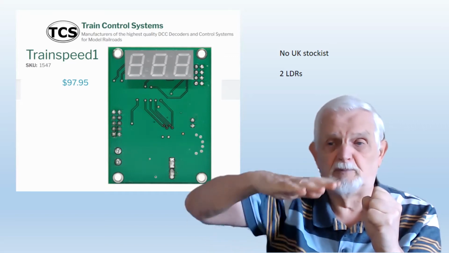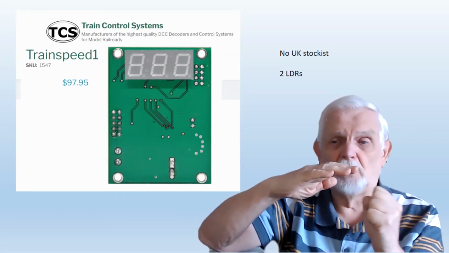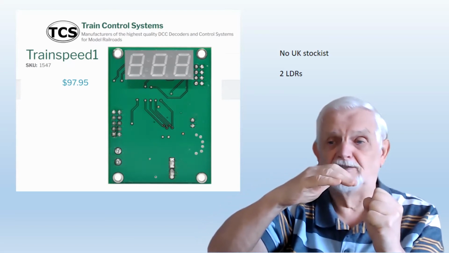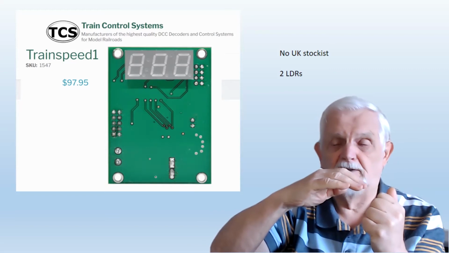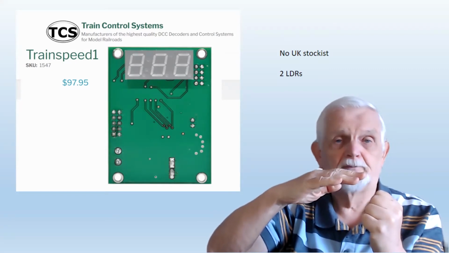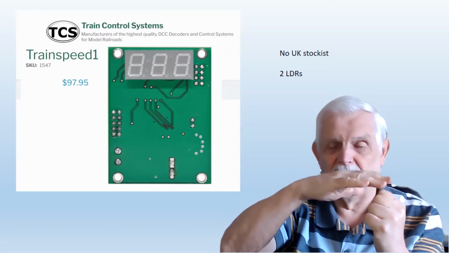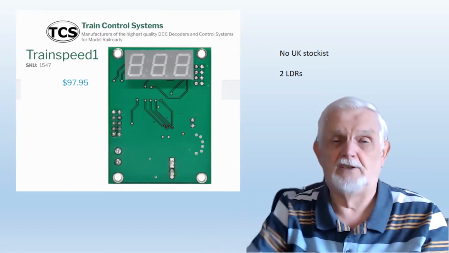If the light source is behind the loco, it'll cut off quicker. If the light source is the other side of the loco, it'll cut off later. So it's not particularly accurate, in my opinion, on when it actually triggers.